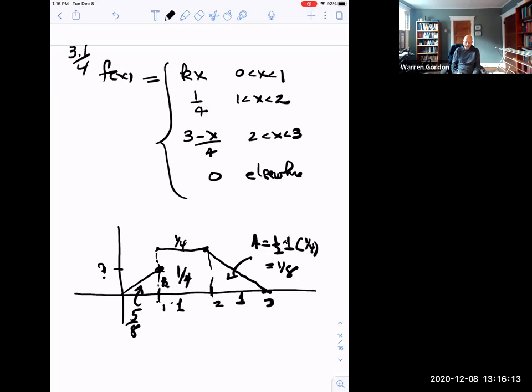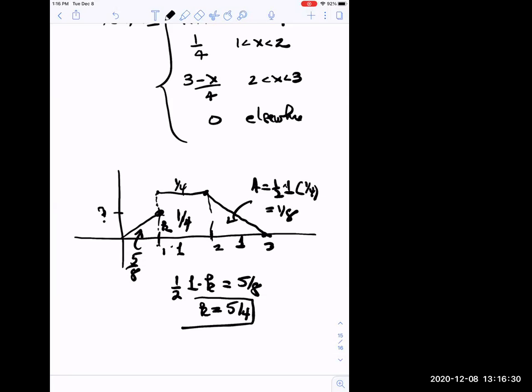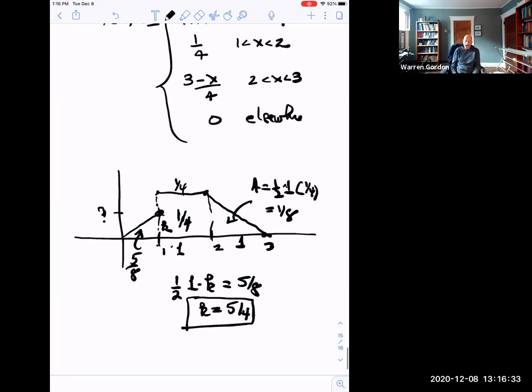And by the way, if this is the line kx, that means at x equals 1, this height is k. So 1/2 the base times the height is 5/8. So k is equal to what? 5/4? Yes, thank you. Notice I didn't have to do any integration here.